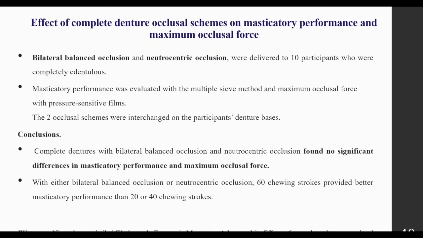Neutrocentric occlusion and bilateral balanced occlusion were compared in 10 patients, and the food used to assess masticatory efficiency was roasted peanuts. The study concluded that there was no significant difference in the masticatory performance and in the maximum occlusal forces. But whether it is bilateral balanced occlusion or neutrocentric occlusion, 60 chewing strokes provide better masticatory performance than 20 or 40 chewing strokes.